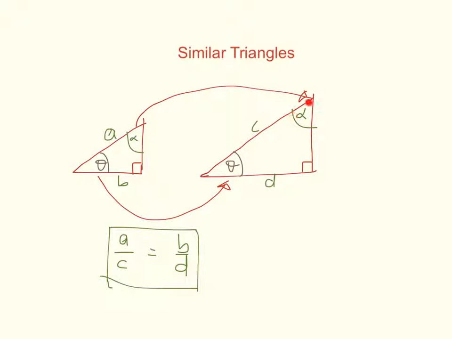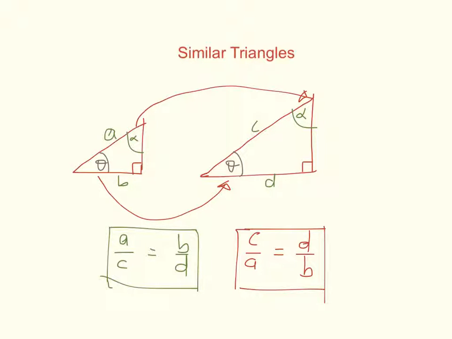This side corresponds to that one, so that small over big is equal to the corresponding small over big. If you want, you can go the other way around, and it works the same way. You can say C over A is the same as D over B. So long as you pick whichever way you're going and stick to it, that is fine.